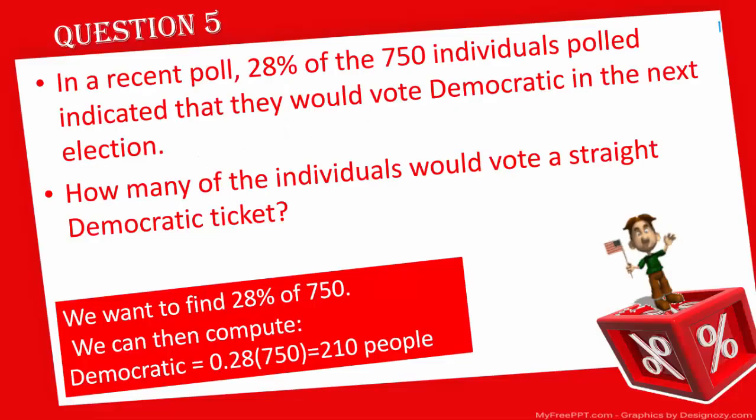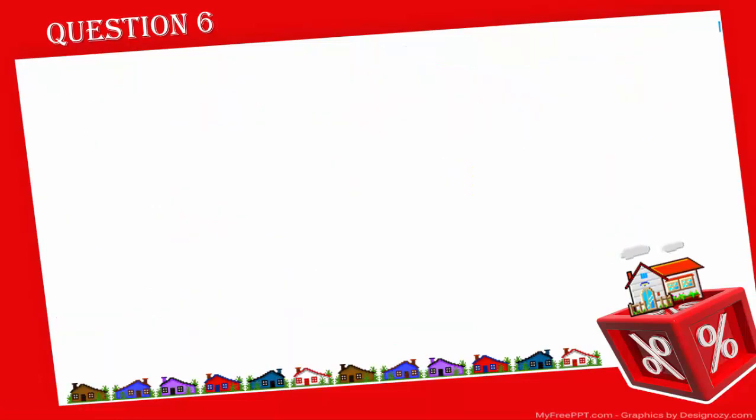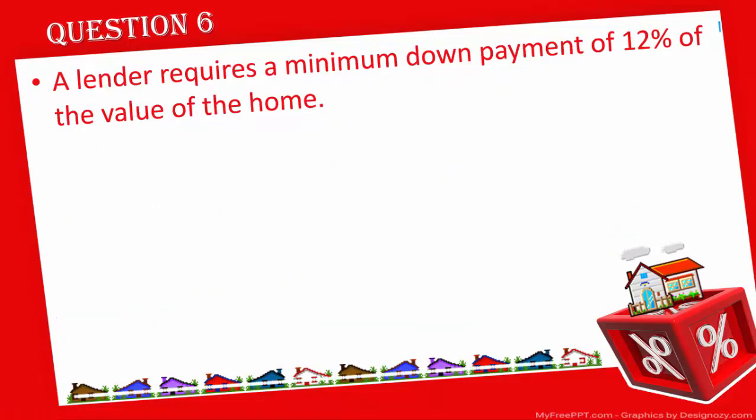As we found on the whiteboard, what 28% of 750 means is that of those 750 people, 210 will vote straight Democrat.